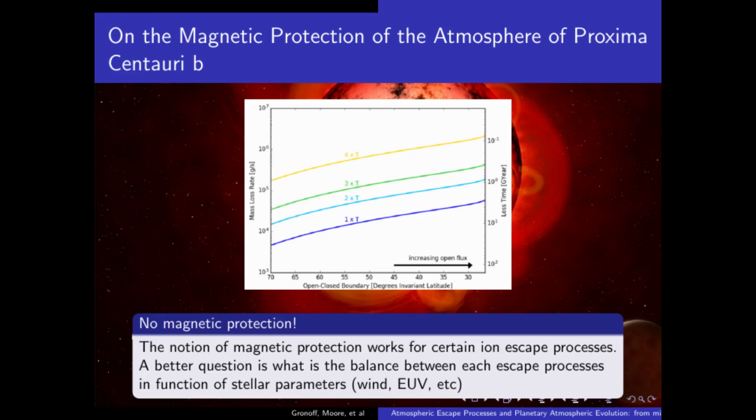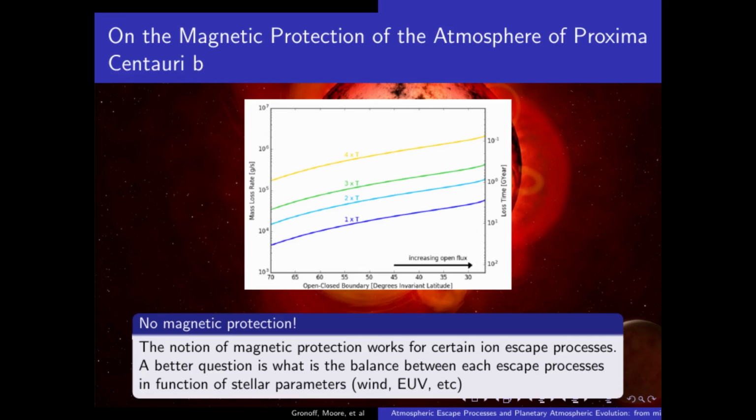Let's consider a 55-degree opening, which is not something totally crazy when you consider the conditions at Proxima Centauri b. And let's look at the different lines. The blue line is if we have one exospheric temperature at Earth, and the yellow line is if you have 4 times.